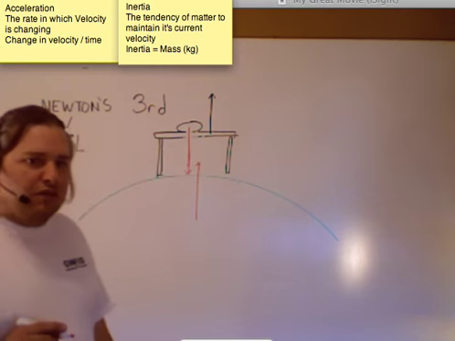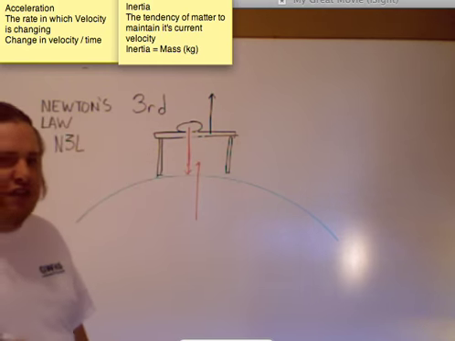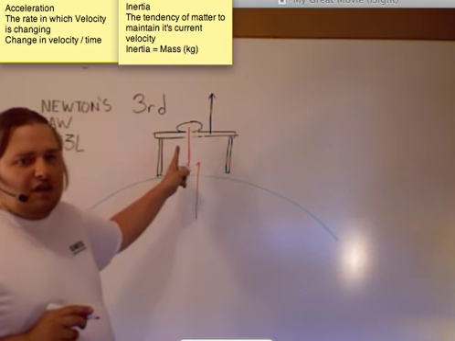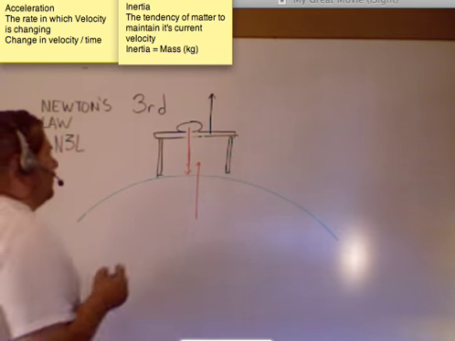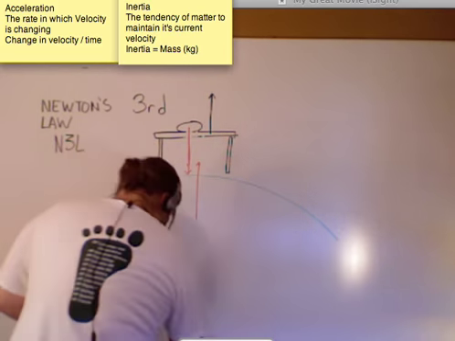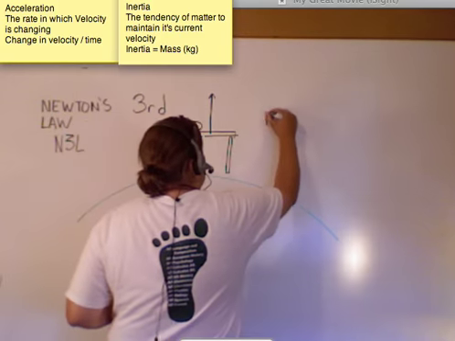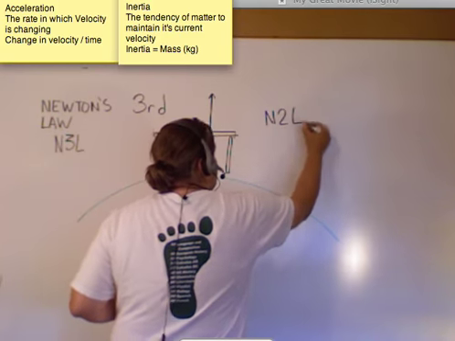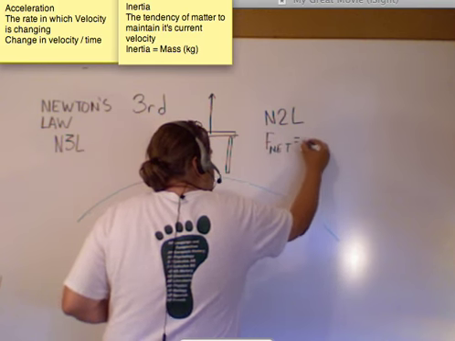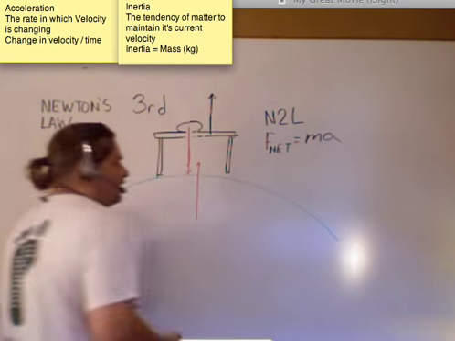But wait, you will tell me that doesn't make any sense. That means that this object is moving up with an acceleration. It's experiencing a force. So, going back to Newton's second law: net force equals mass times acceleration.